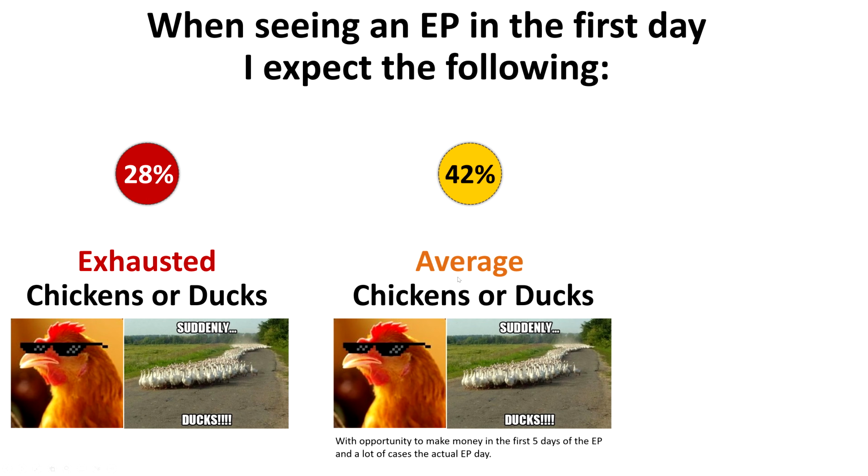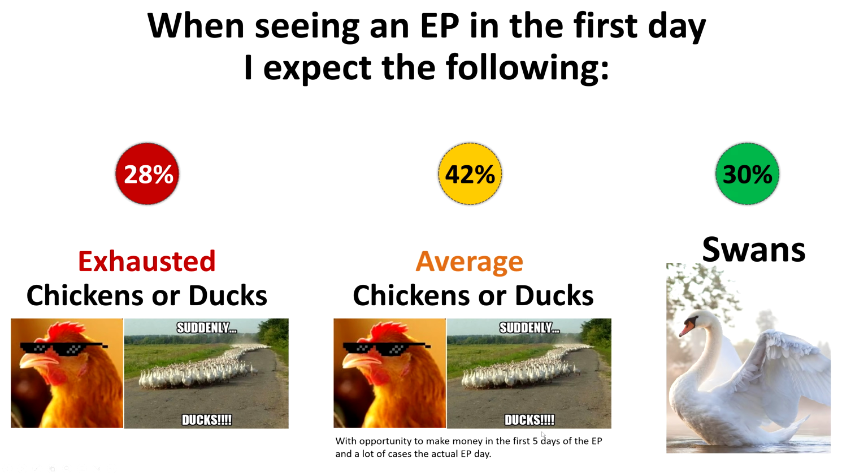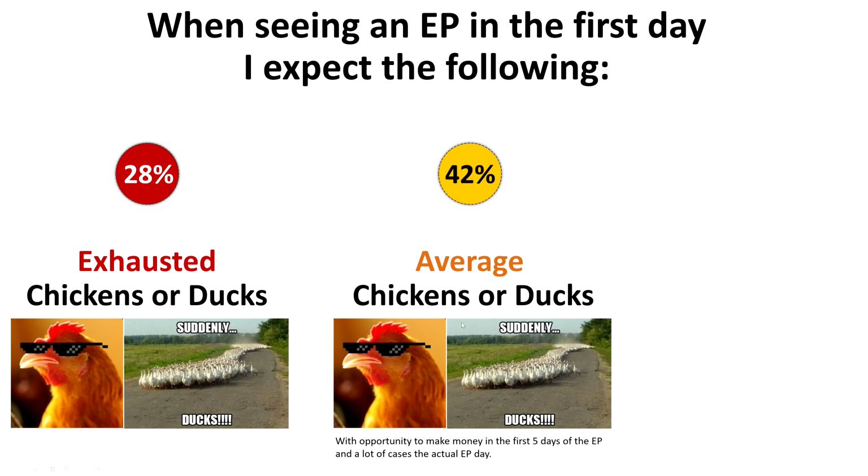In 42% of the cases, this is an average chicken or duck that could give an opportunity for profit in the first 5 days. So, okay, a relatively high number of cases where the EP is still tradable in the first week, with a 42% chance, and it's an average EP.